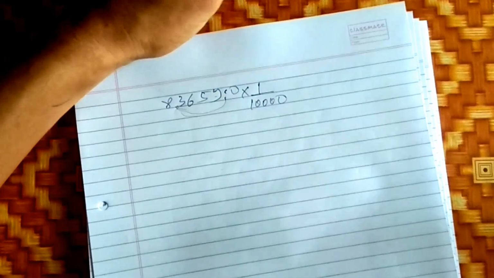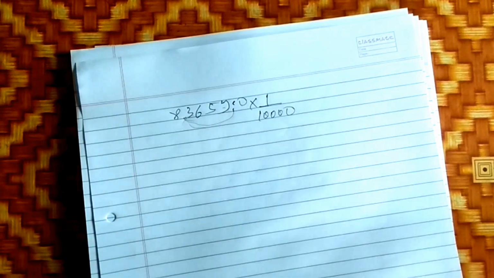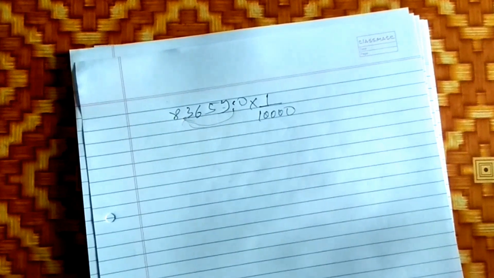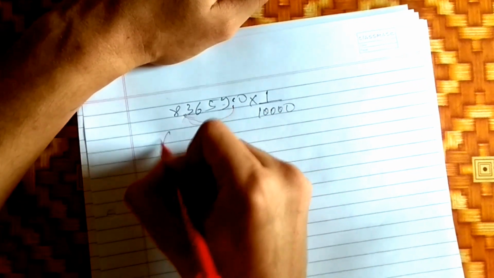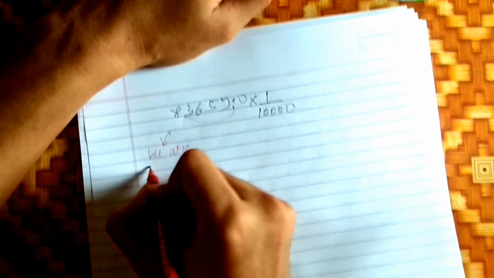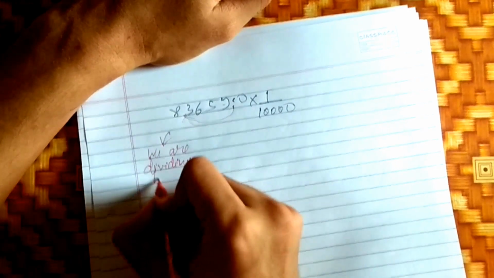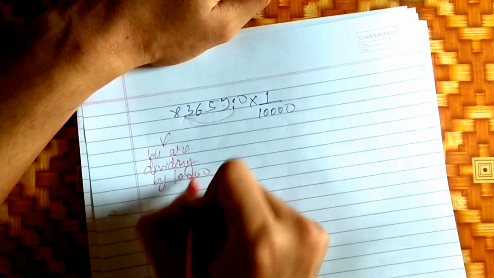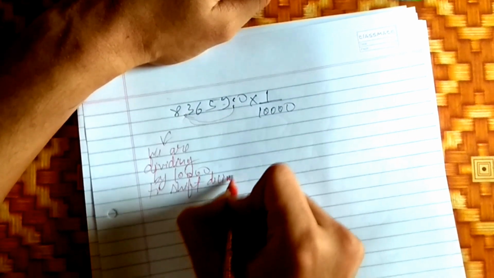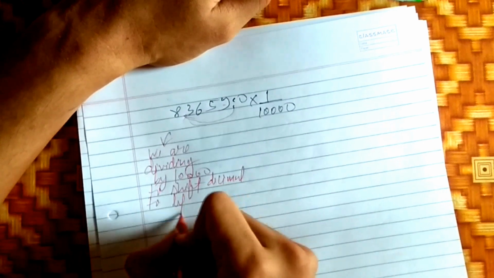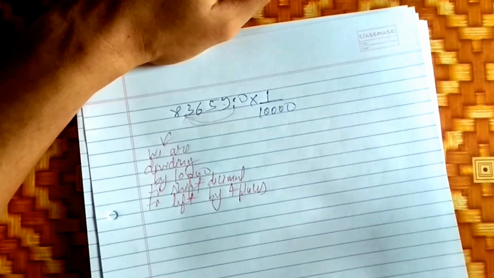We divide by 10,000 to shift the decimal to the left by 4 places, to get a number ranging between 1 and 9.9.